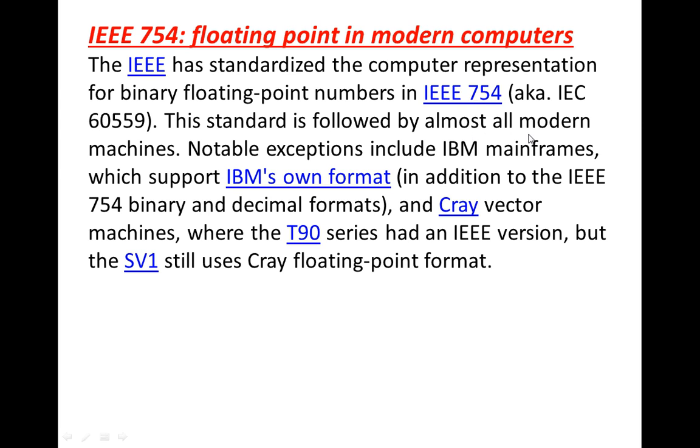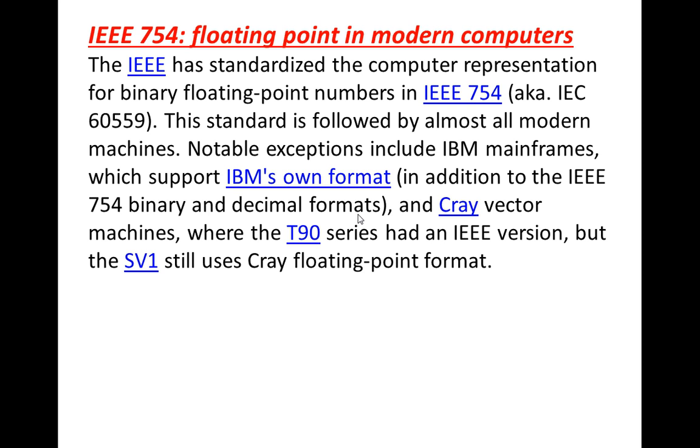This standard is followed by almost all modern machines. Notable exceptions include IBM mainframes. This standard, IEEE 754, that is floating point, is developed by IEEE, the Institute of Electrical and Electronics Engineers. It is followed by almost every computer except IBM mainframes, which support IBM's own format in addition to the IEEE 754 binary and decimal formats. Except for IBM mainframe computers, all organizations use only IEEE 754.